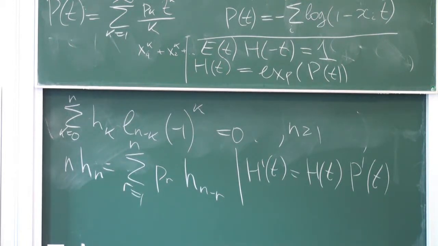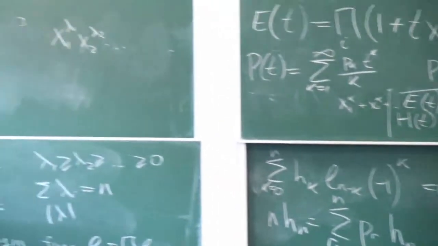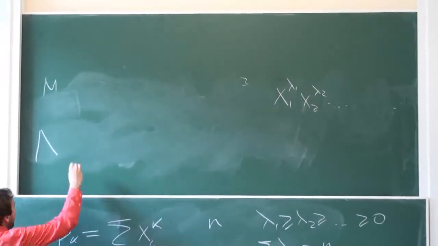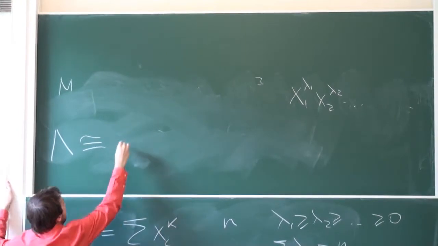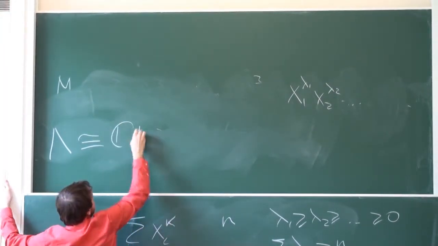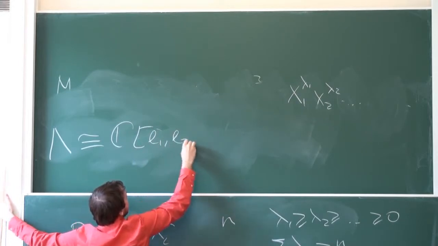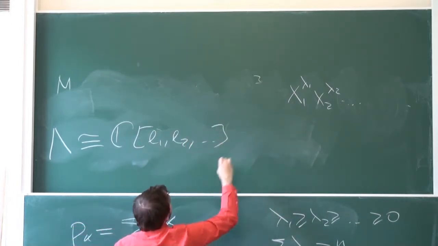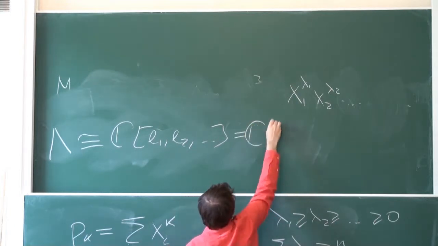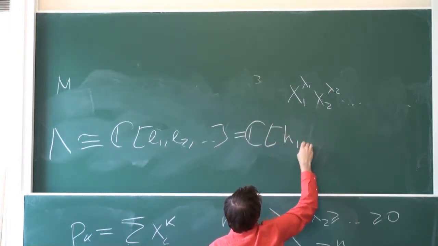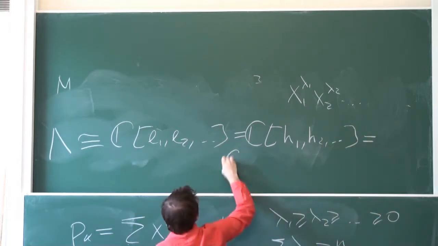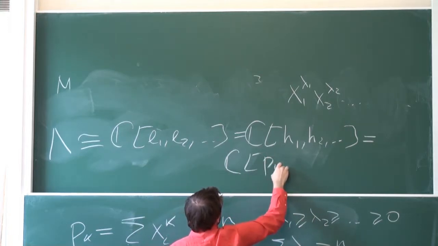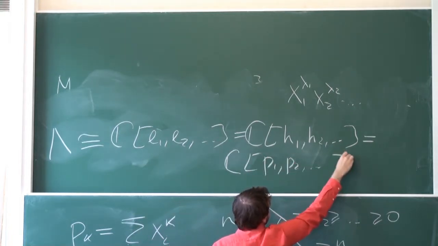Lambda, the ring of symmetric functions, similar to the finitely many variables case, is again isomorphic to the algebra of polynomials. This can be written either as C of e1, e2, and so on, or C of h1, h2, and so on, or C of p1, p2, and so on.